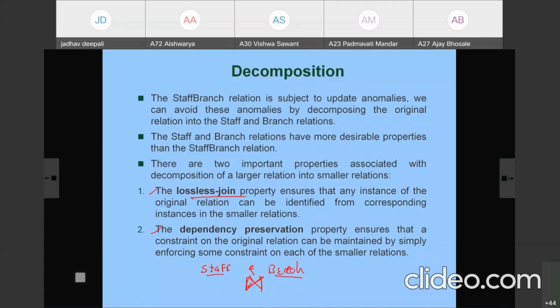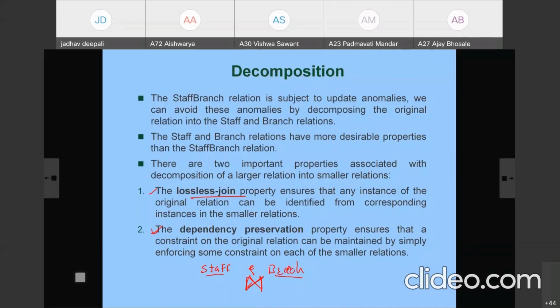No extra tuples, or no loss of tuples. And the second one, dependency preservation, means whatever constraints and functional dependencies are possessed by the original relation, also need to be followed by the decomposed relations.